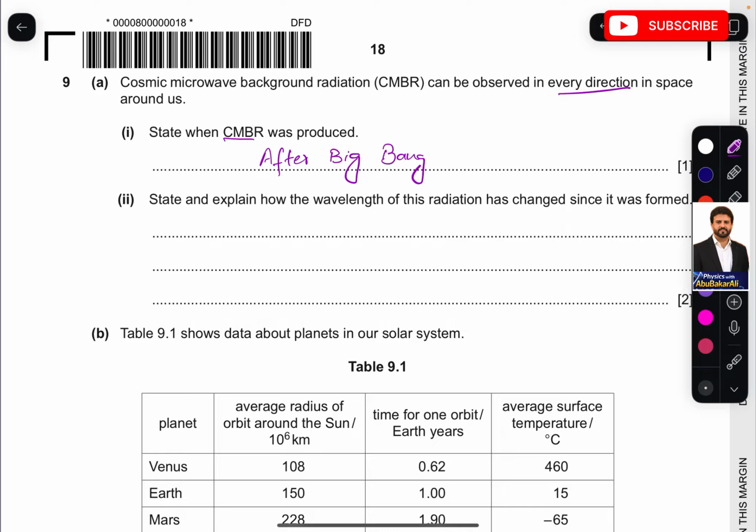Okay, as the universe is expanding, the universe is cooling down, and at a low temperature, wavelength is high. So you can state wavelength is increased. Why is it increased? We can say the universe has expanded and cooled.